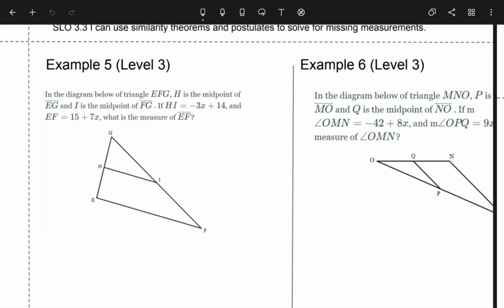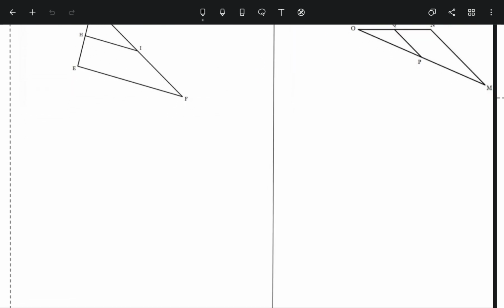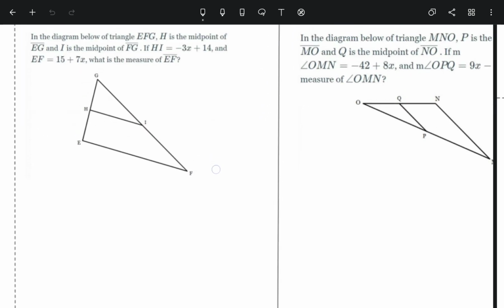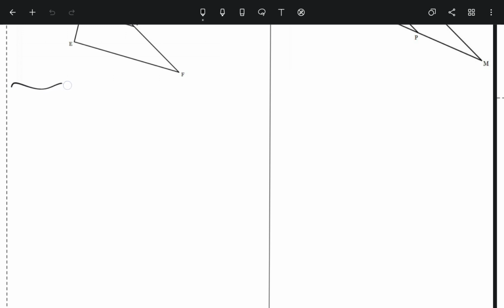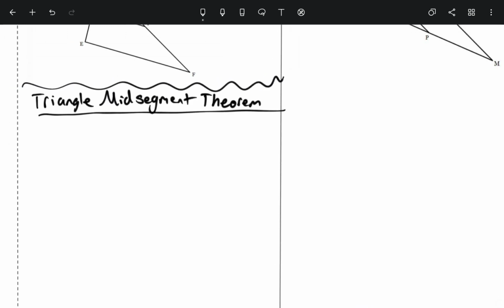Now for examples 5 and 6, we need to learn a new theorem, and that is the triangle mid-segment theorem. So before we read the question, we are going to bounce down over here and create a little note box. So let's say we have some triangle ABC, and we give it a mid-segment.